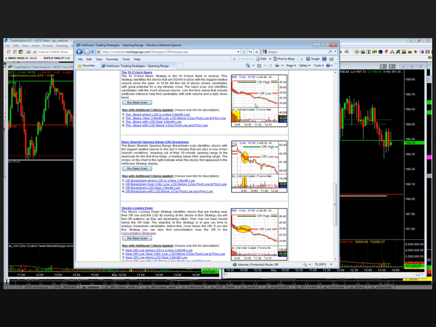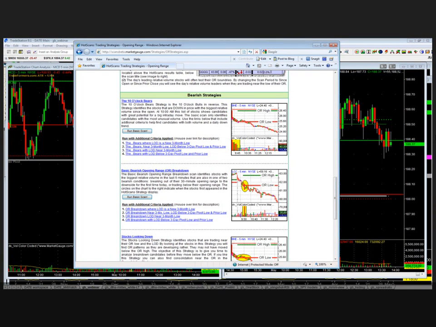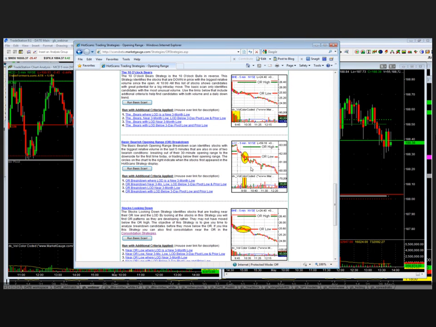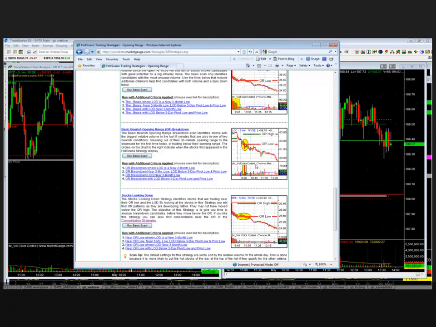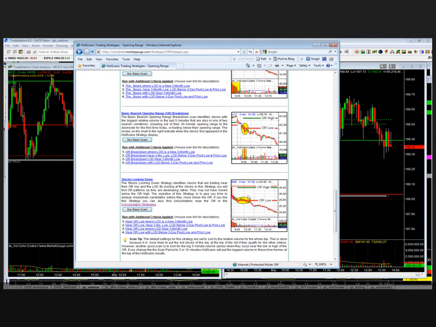You could look for stocks that are already breaking down. You could look for stocks that are maybe breaking down, maybe not, but they're just close to their opening range low while the market is trading near its opening range high.